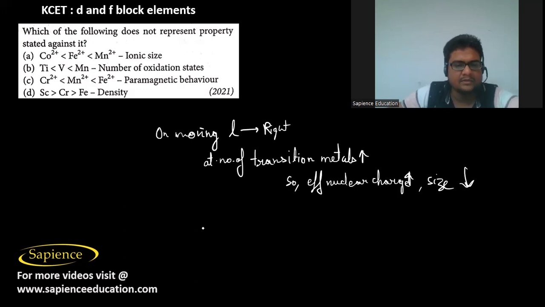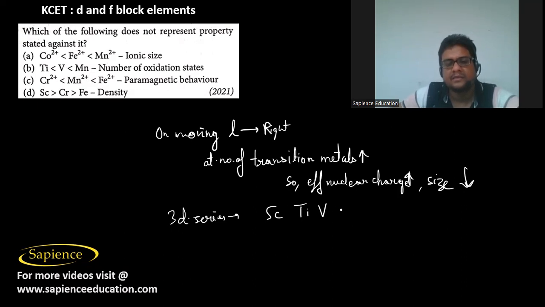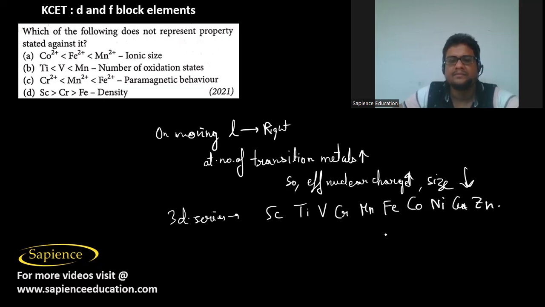So here, as we know, the 3d transition series is given as scandium, then titanium, then vanadium, then chromium, manganese, then iron, cobalt, nickel, copper, and zinc.